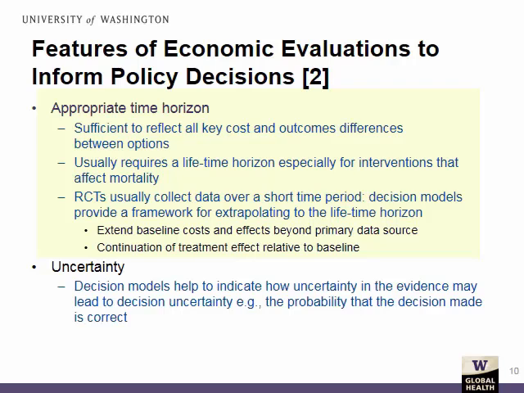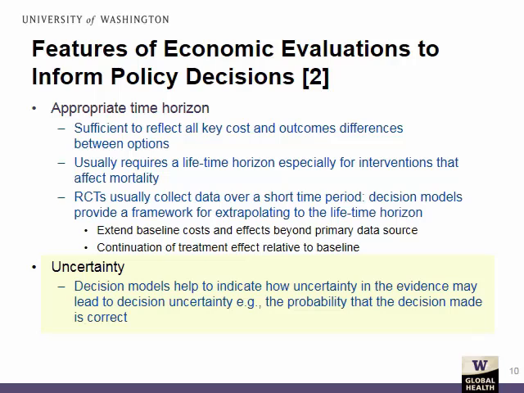We know that the appropriate time horizon needs to reflect all key costs and consequences and the differences between the options. And if you have data from a trial, it might not capture the appropriate time horizon. So modeling can allow you to expand that time horizon to extend baseline costs and effects beyond the primary data source. And finally, modeling allows you to capture uncertainty.